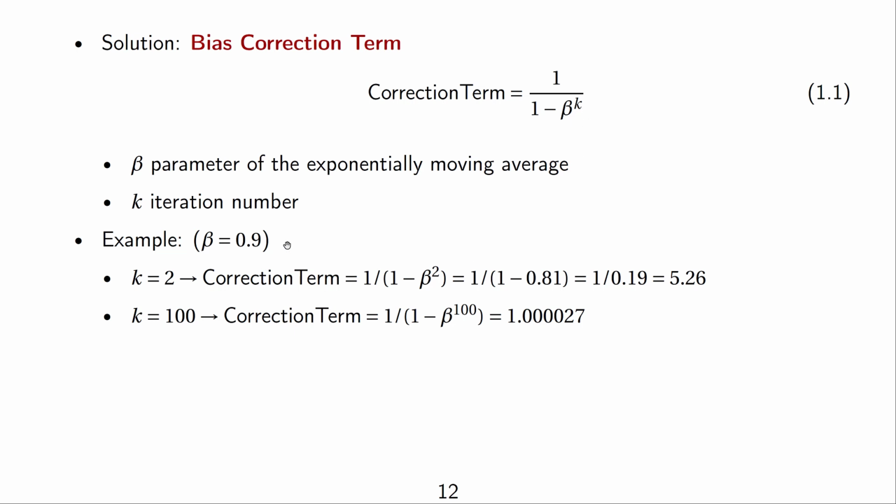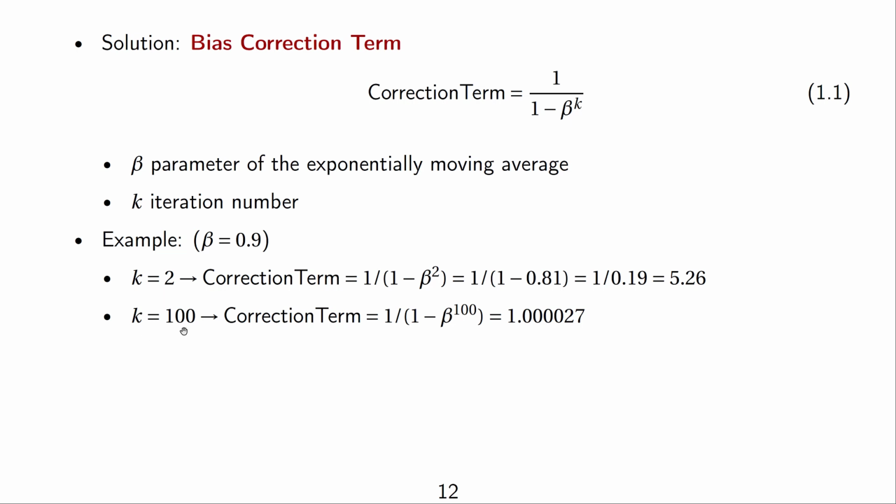So again, we want to be super basic. If k equals 2, with beta being 0.9, then we get this correction factor of 5.26. So that is a considerable number, so that will make a considerable difference.